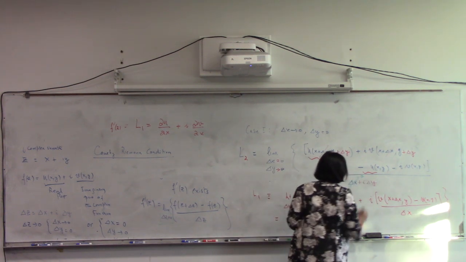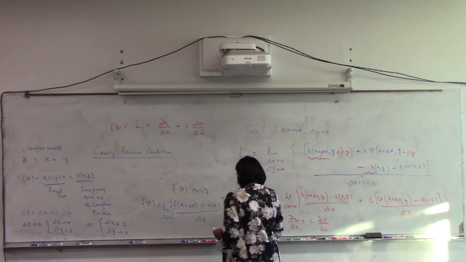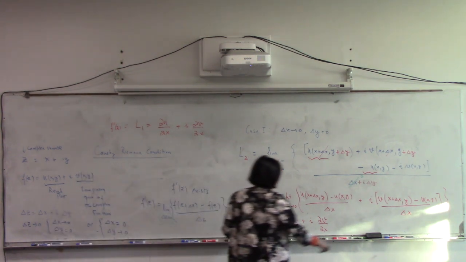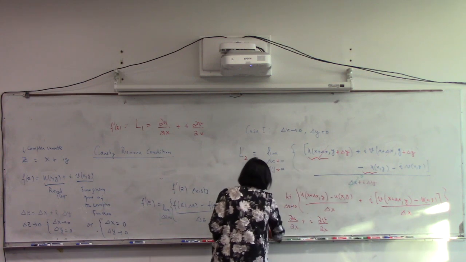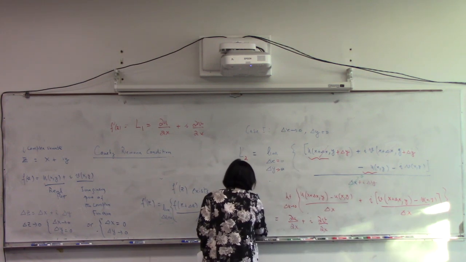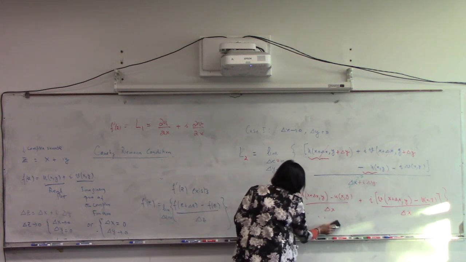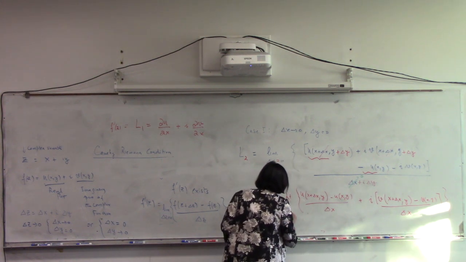So that is 0, right? So the other limit is then the following. Let me call that limit L2. Limit, now delta y tending to 0, because the other one we already put 0.